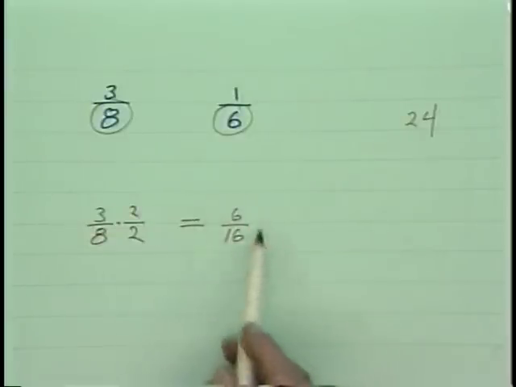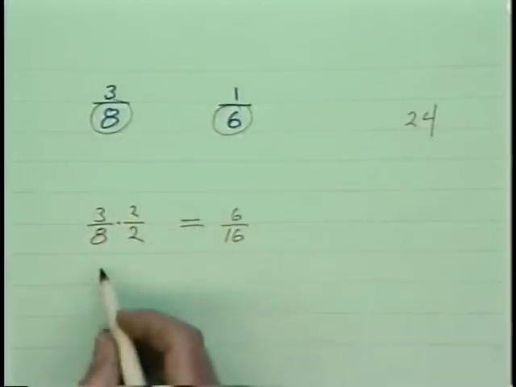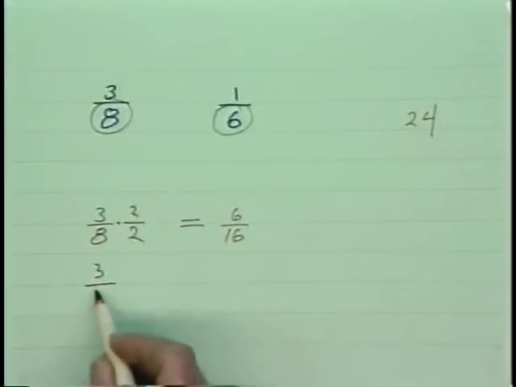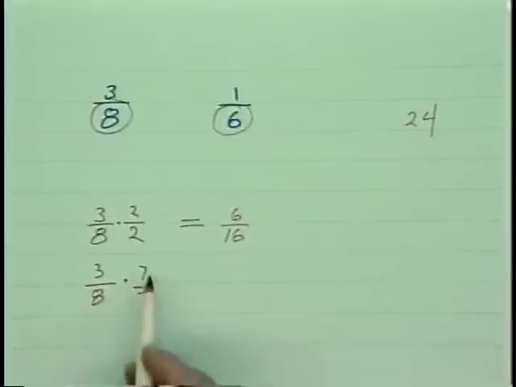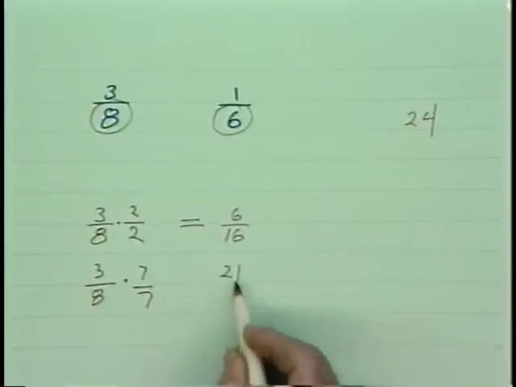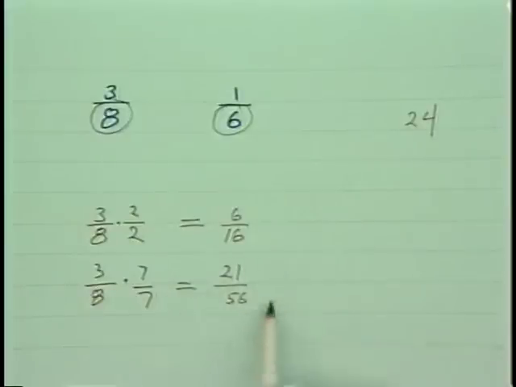And this certainly looks different from that, but really isn't. I could have also chosen to multiply top and bottom by any number. Let's say 7, and I would get 21/56. And this really looks different from this, but in value it really isn't.